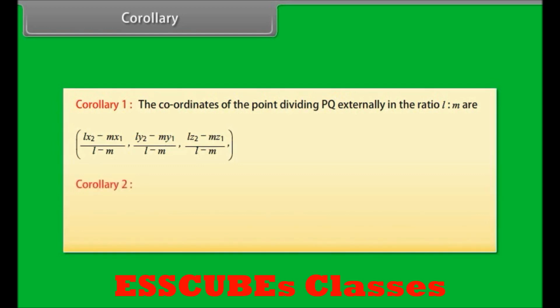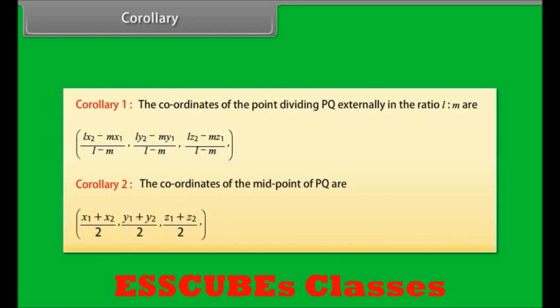Corollary 2. The coordinates of the midpoint of PQ are (x1 + x2)/2, (y1 + y2)/2, (z1 + z2)/2.